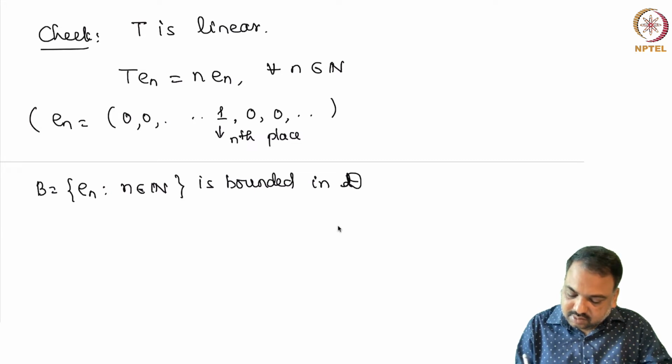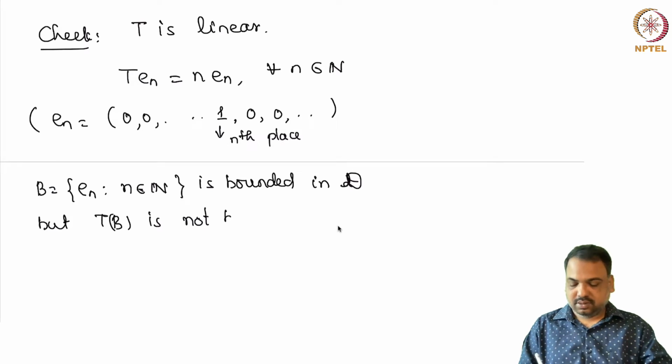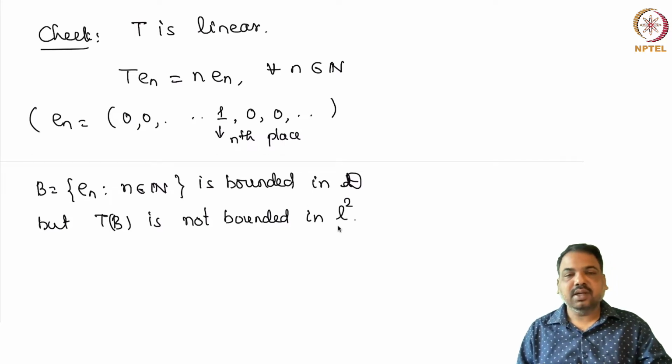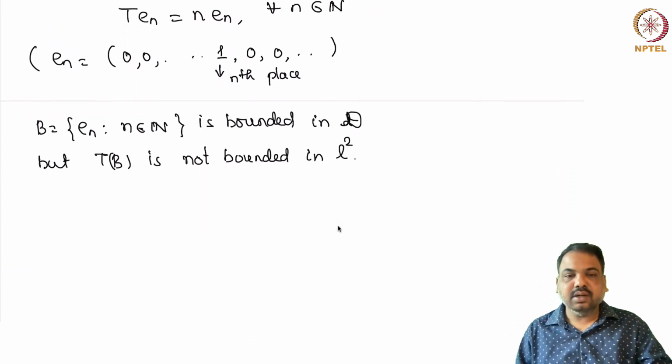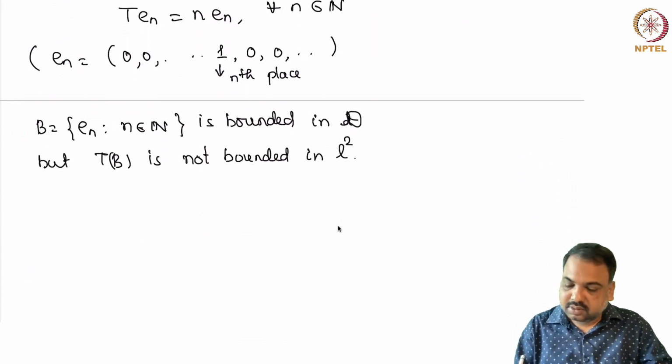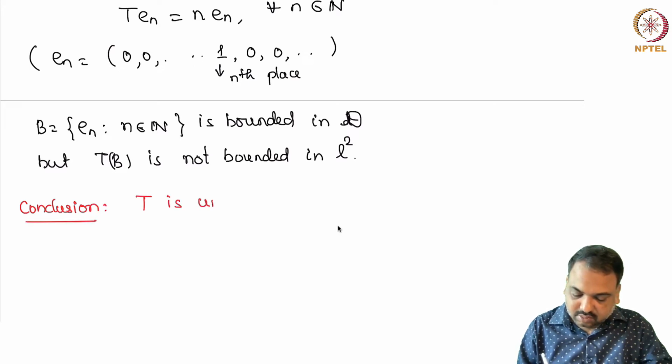In fact, it is a bounded subset of D, but T of B is not bounded in L2. Hence, this operator cannot be bounded. So this is an example of an unbounded operator. So the conclusion is T is unbounded.